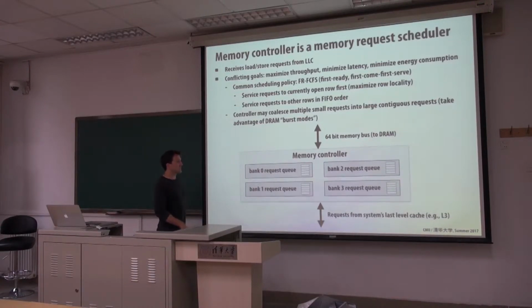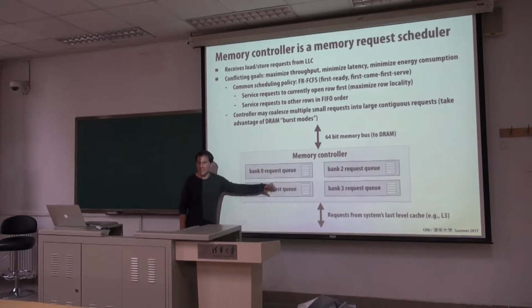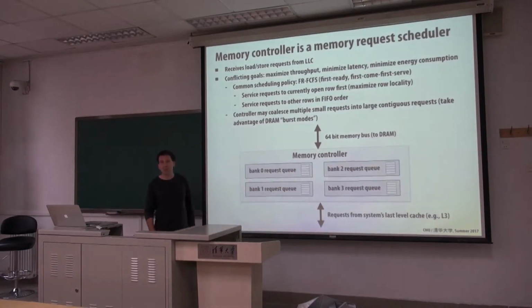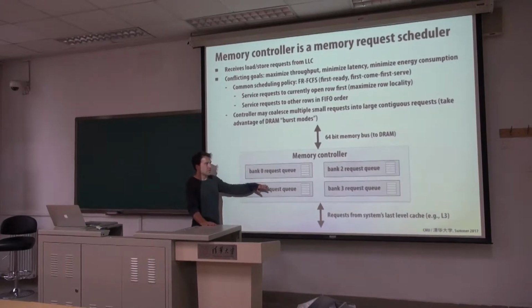It will often have queues where it buffers all of the requests from the processor. Like the processor says, I want address X, and I want address Y, and I want address X plus 1. And the memory controller will do very complicated scheduling to try to use the memory bus as efficiently as possible.